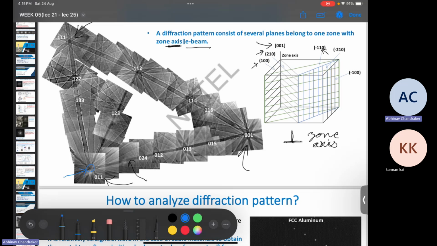We will not get into what a Kikuchi band is in this lecture. Probably in the upcoming weeks it will be brought up. But all of these bands are Kikuchi bands corresponding to a particular plane. And for a particular zone axis like this one, all the bands which are intersecting at this zone axis are part of the 0 1 1 zone axis.